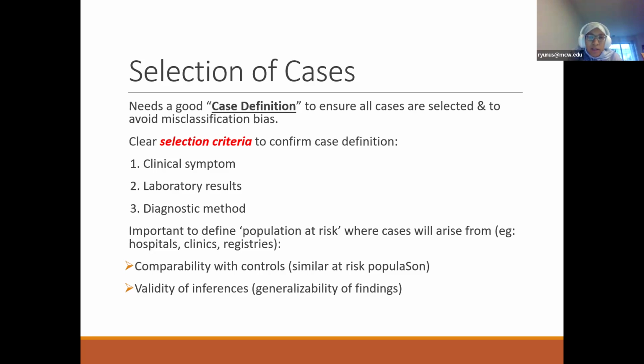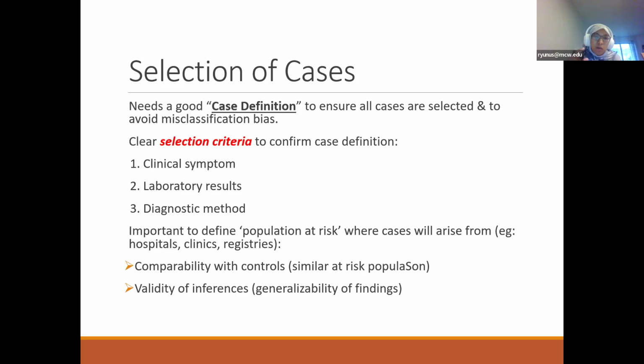Do I determine diabetes based on clinical symptoms? Do I determine diabetes based on lab results, blood results? Or do I determine diabetes based on other diagnostic methods? So you have to be very clear about that. And sometimes you will see in many case control studies, the researcher defines the case based on a combination of selection criteria.